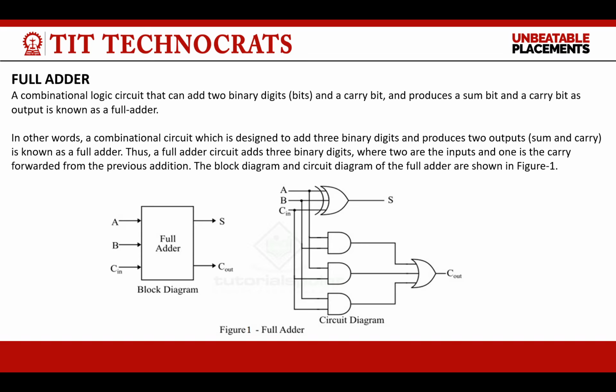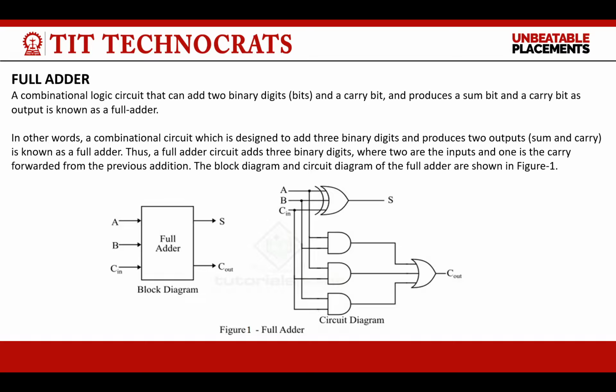Likewise, if we see the circuit diagram of the full adder circuit, we can see that for designing the sum, we have the same exclusive OR gate that we used in the half adder circuit.